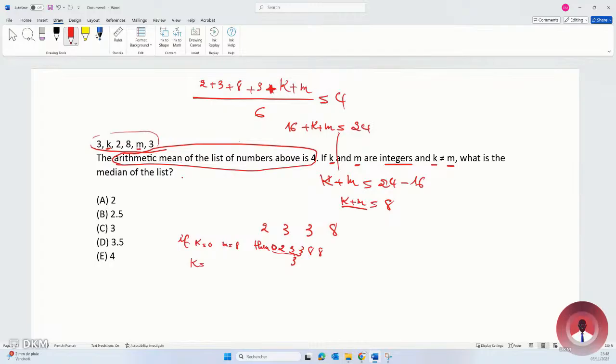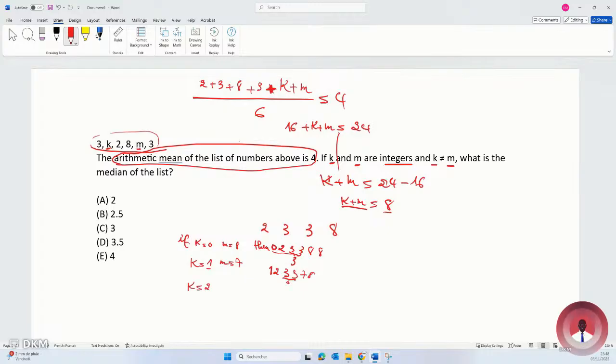If we say k is equal to 1, then m will be equal to 7, because 1 plus 7 is equal to 8. Then this will give us 1, 2, 3, 3, 7, 8. So the 1 here is the value of k. We will still have 3 as the median.